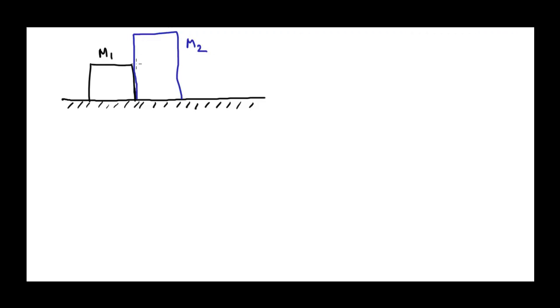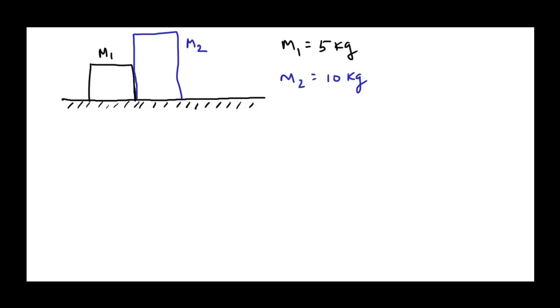Let's give these some values. Let's say M1 has a mass of, actually, let's make it 5 kilograms. And let's say that M2 has a mass of 10 kilograms.